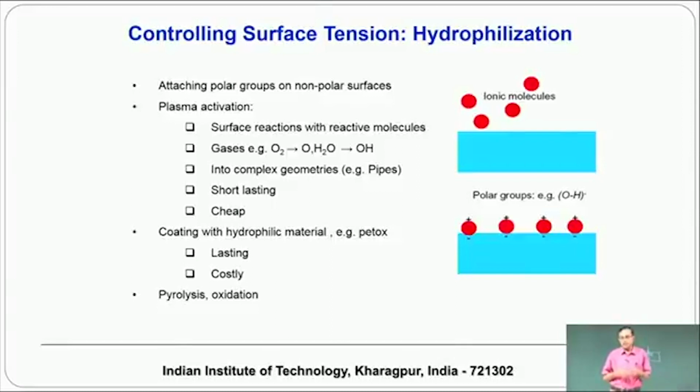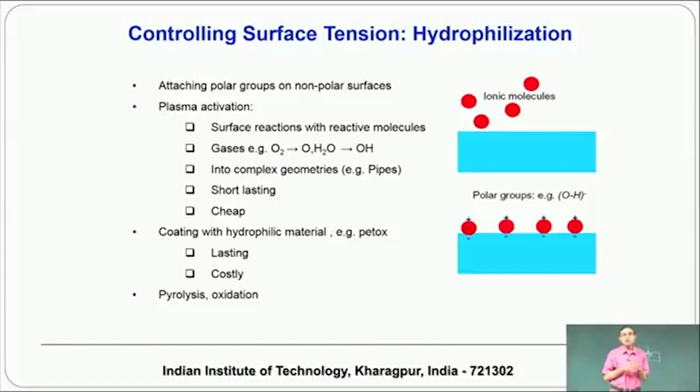Basically this ensures that you have polar groups on the surface, and these polar groups will attract water molecules, and that will make sure that it is a hydrophilic surface.